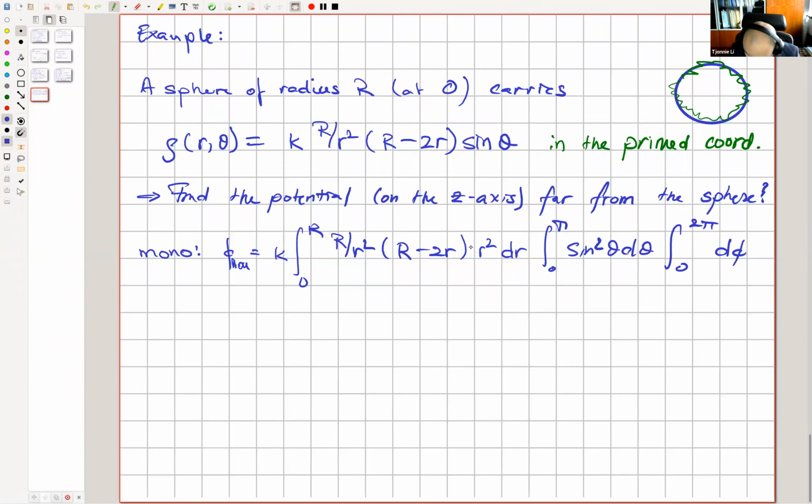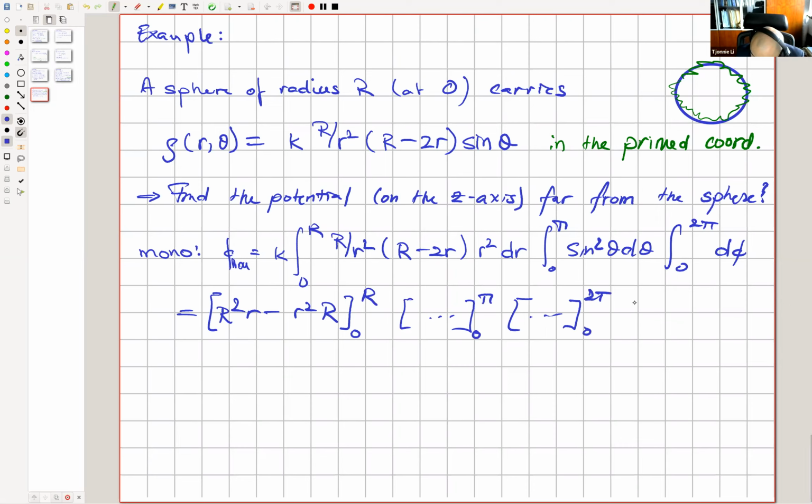And so what we're left with is a relatively simple expression, where we have r squared R minus r squared r, from 0 to R. And then some other stuff in terms of theta and phi, from 0 to pi and 0 to 2 pi.